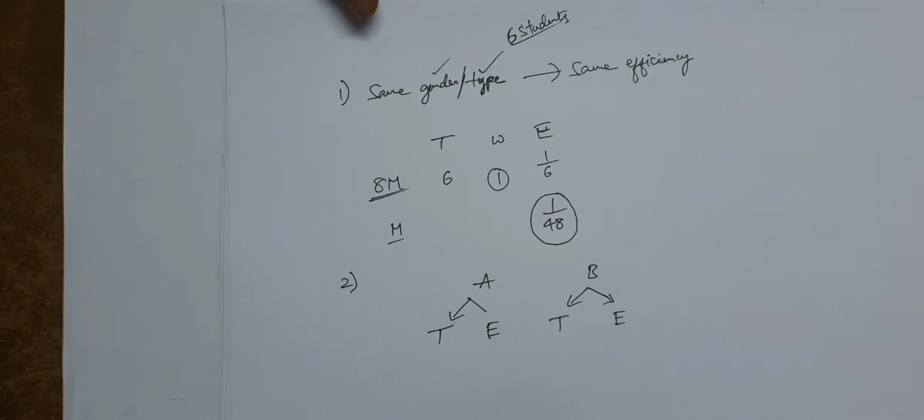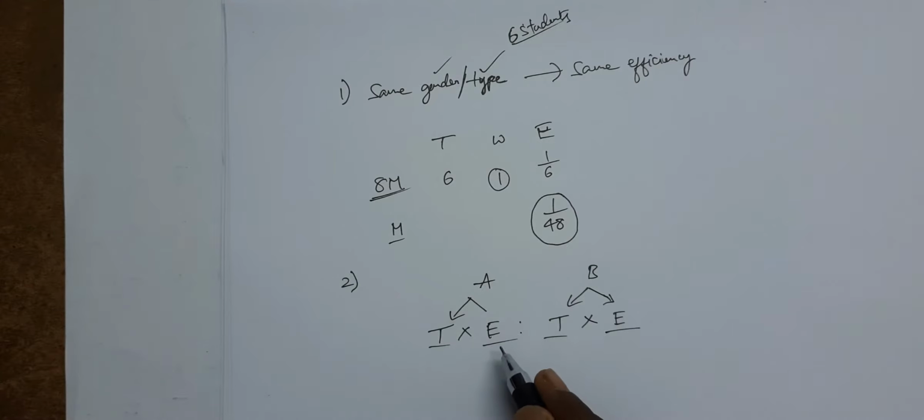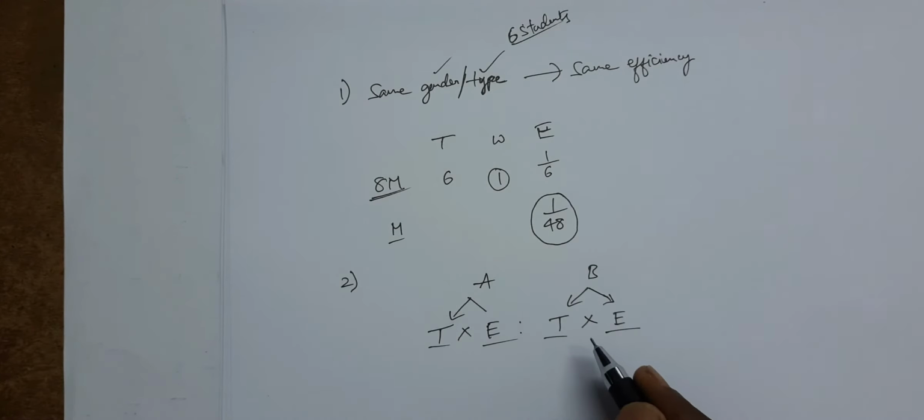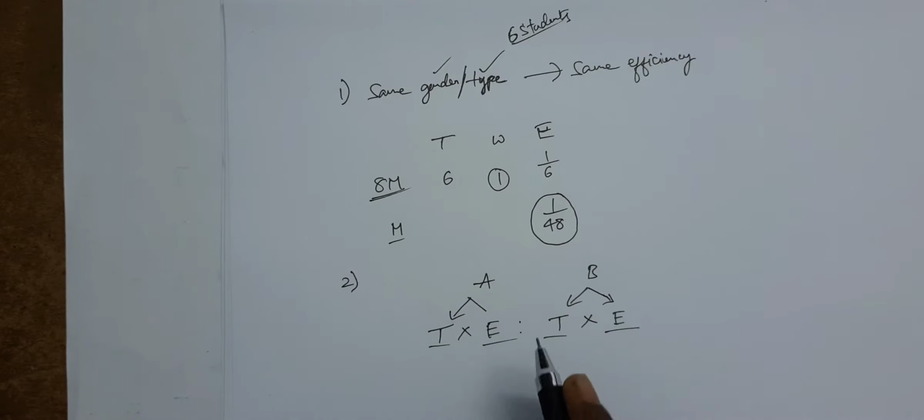Then you have to distribute the salaries in the ratio of time into efficiency. If they work for the same time, then you can distribute the salary in the ratio of efficiencies. But if they work for different times and they have different efficiencies, then you have to distribute the salary in the ratio of time into efficiency.